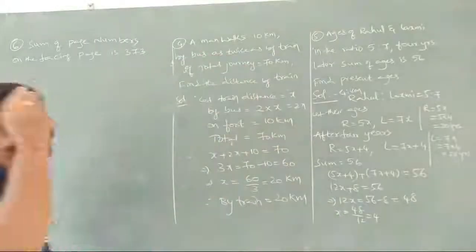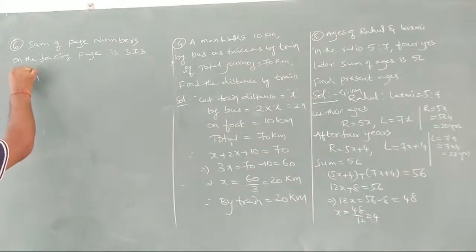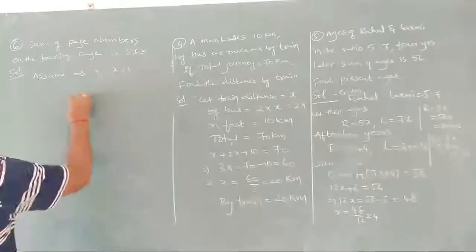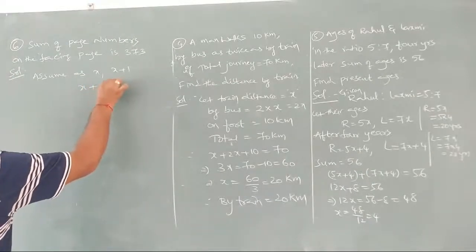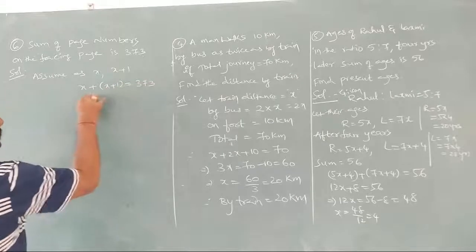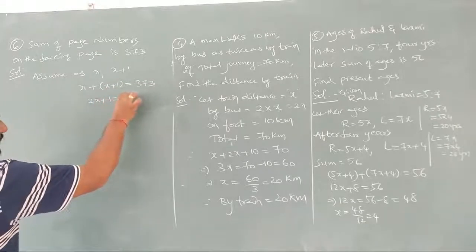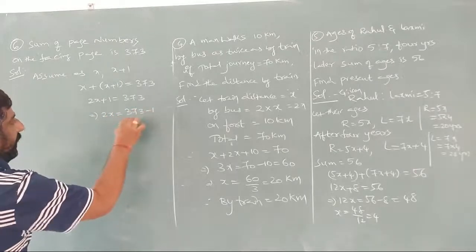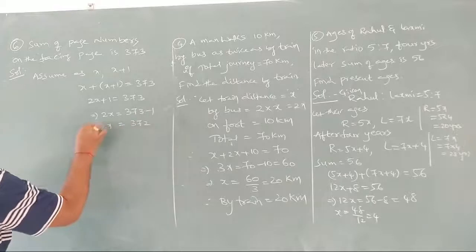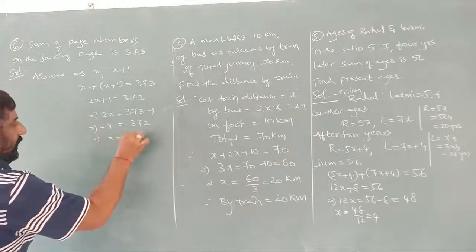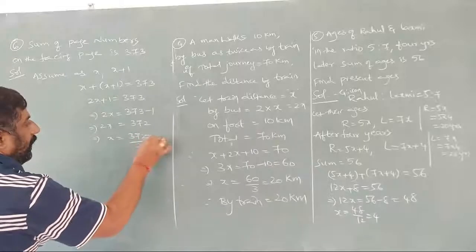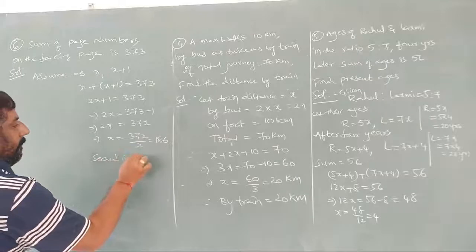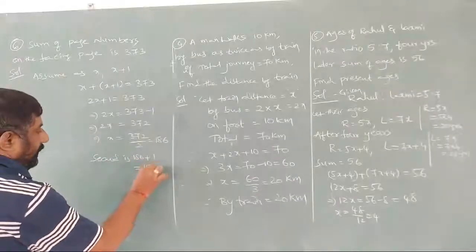Assuming x and x plus 1, so x plus x plus 1 is 373. 2x plus 1 is equal to 373. 2x is 373 minus 1, or else 372. x is going to be 372 by 2, or else 186, and the second page number is 186 plus 1, nothing but 187.